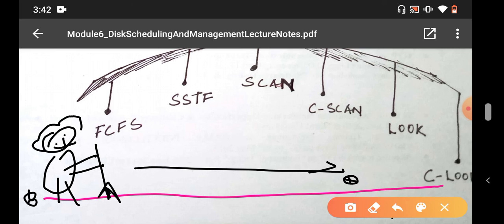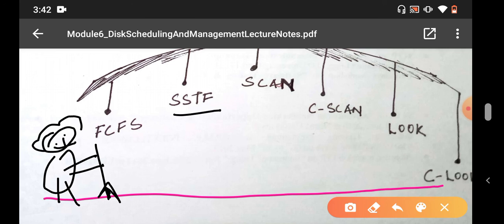So this is FCFS. Kachra means the garbage. I am using this Hindi word very often. Shortest seek time first: whichever garbage is near, he will do all that work and then go on. If more garbage is piling up over here, he will not be able to do that. First he will pile up over here. So you can understand the problem caused by that.